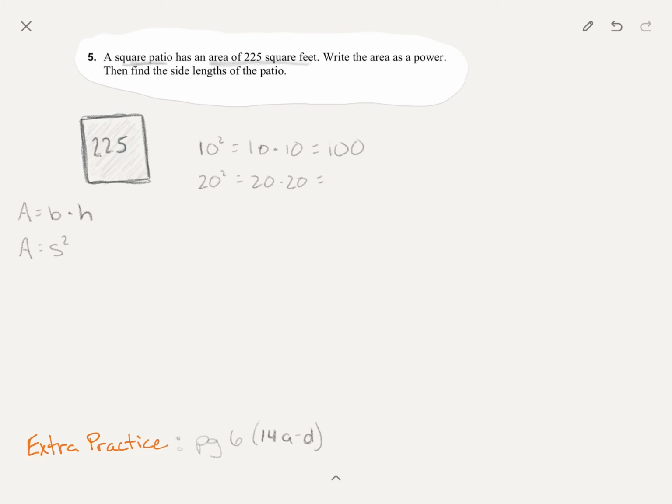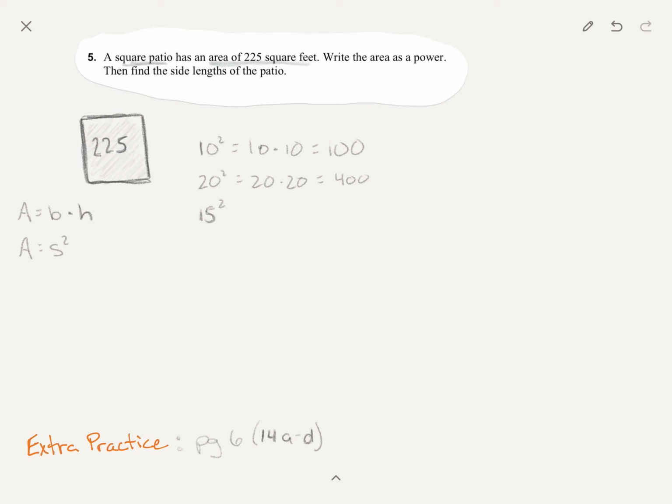If I know 2 times 2 is 4, I know 20 times 20 is 400. That's too much, so that's not going to work. So it's in between there. So I'm going to try somewhere in between.